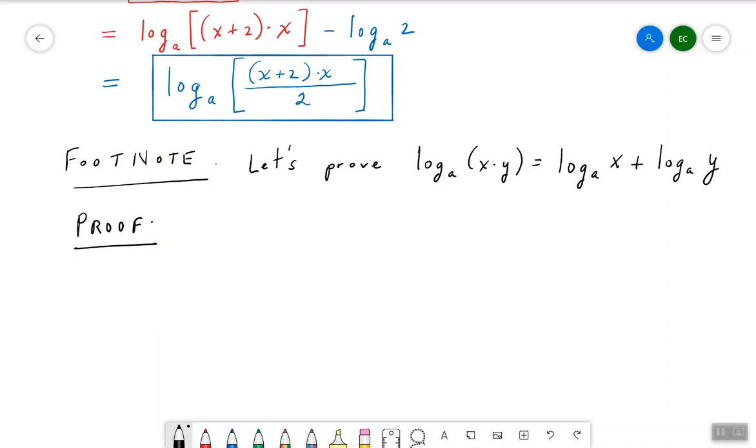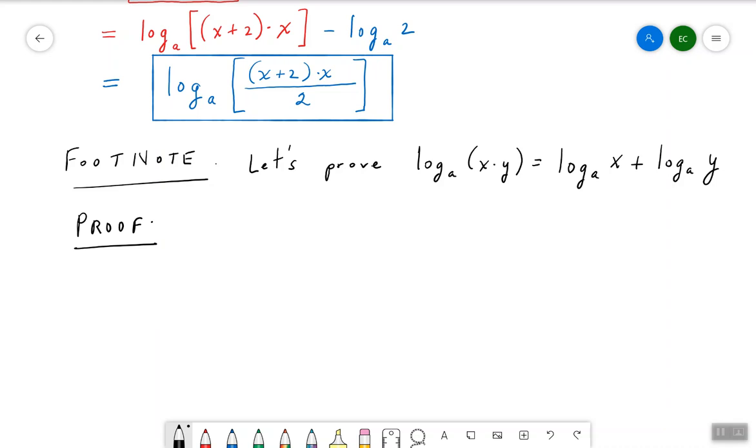There's a clever step. So mostly the proof relies on properties of exponents, and you might be able to guess that because the log is just the inverse of an exponential. So if we know properties of exponents, then there has to be some correlation to some similar property of logarithms.